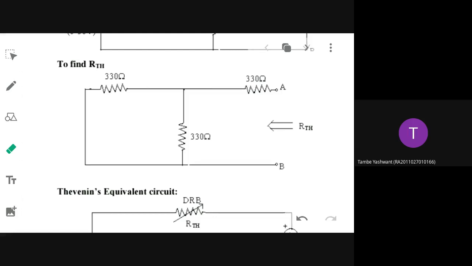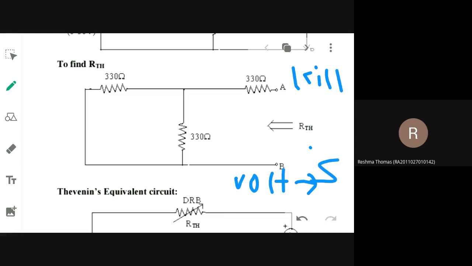Then next, how to calculate R Thevenin. The R Thevenin procedure is you have to kill all the sources. Suppose if it is a voltage source, you have to short circuit it. If it is a current source in the problem, then you have to open it. But for your problem, there is no current source.